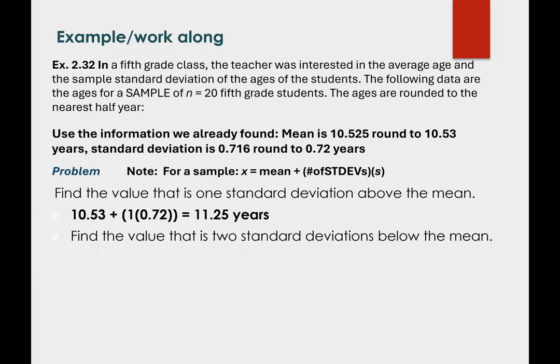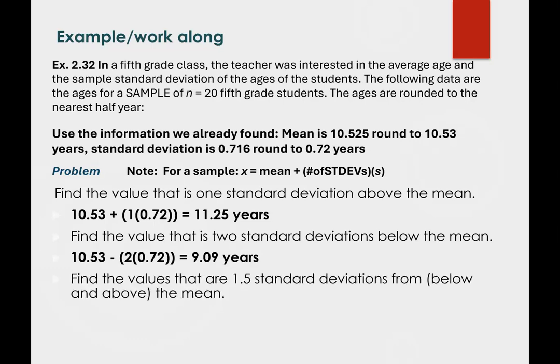Okay, I'm going to reveal the answer. 10.53 minus 2 times 0.72. And I get 9.09 years. Now find the values that are 1.5 standard deviations from the mean.